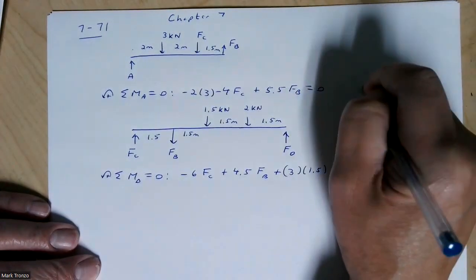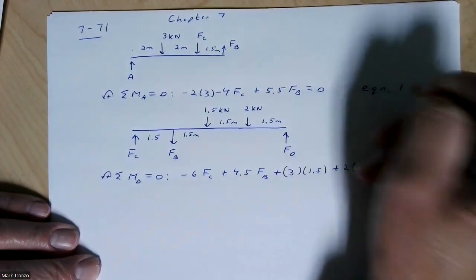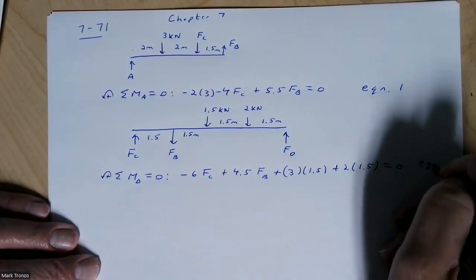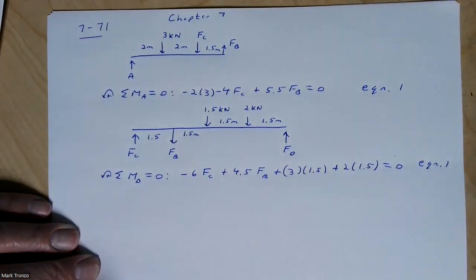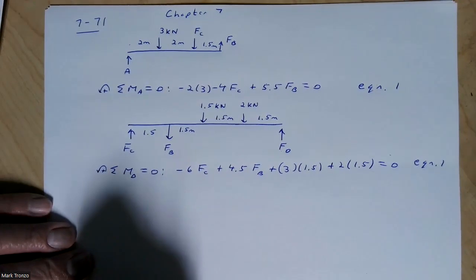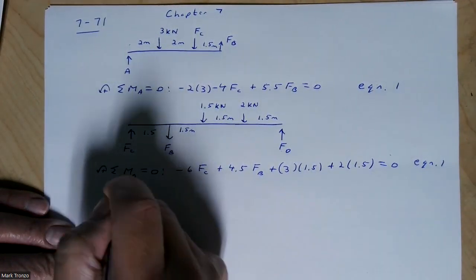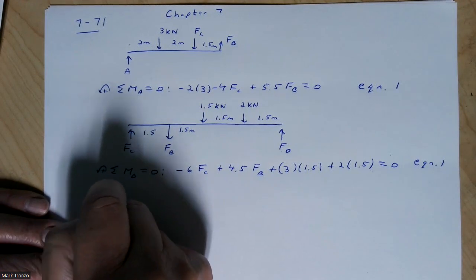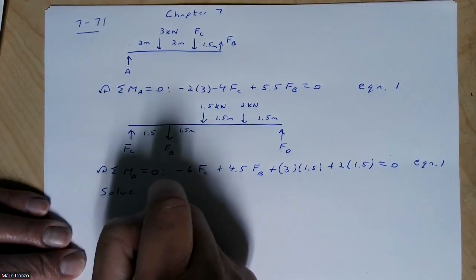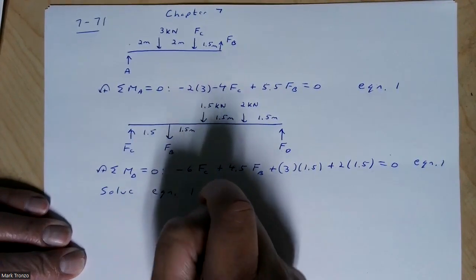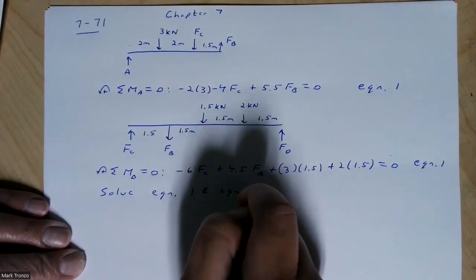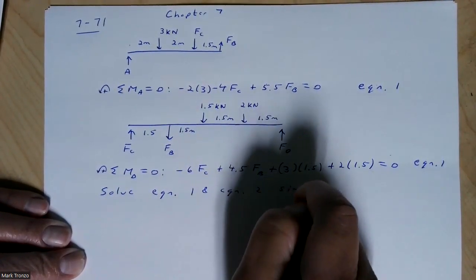So we're going to have to solve these 2 equations simultaneously, this one and this one, because we have 2 equations and 2 unknowns. So solve equations 1 and 2 simultaneously.